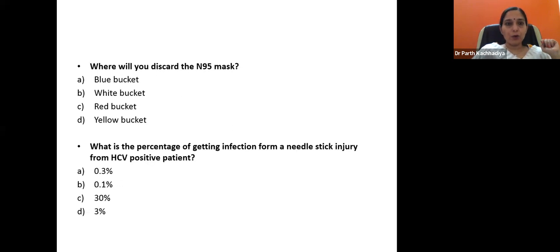Now, two more. Where will you discard the N95 mask? Which color coded basket or bucket will you discard the N95 mask in? Blue, white, red, or yellow? And what is the percentage of getting infection from a needle stick injury from an HCV positive patient?